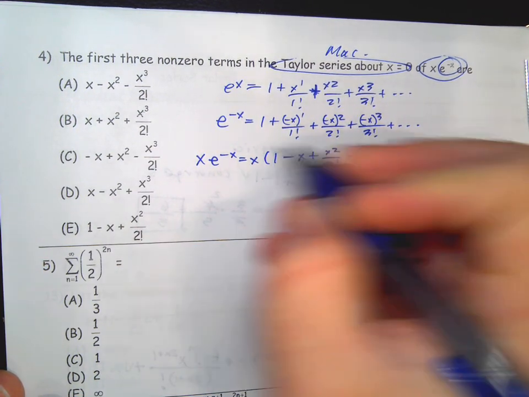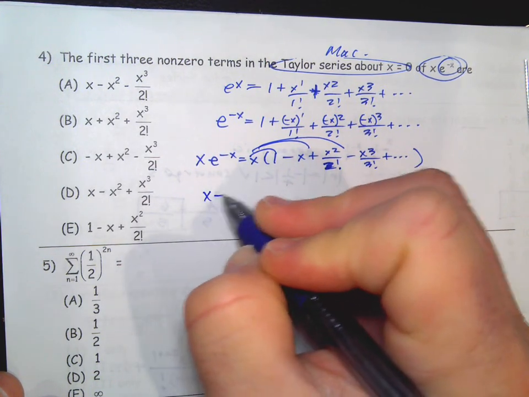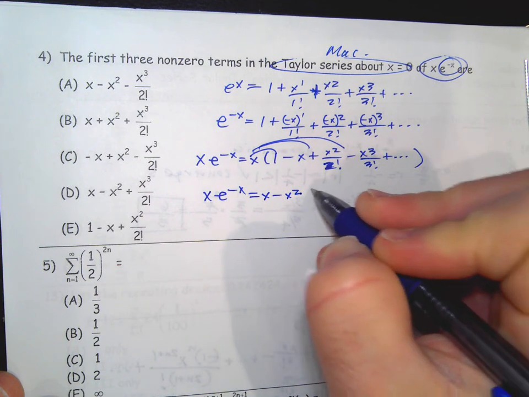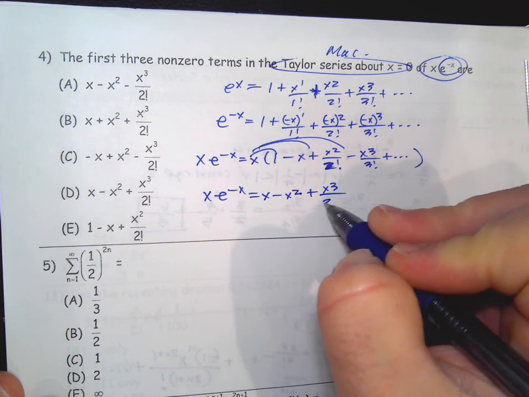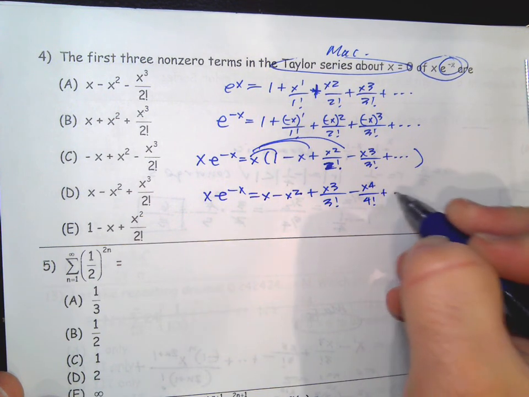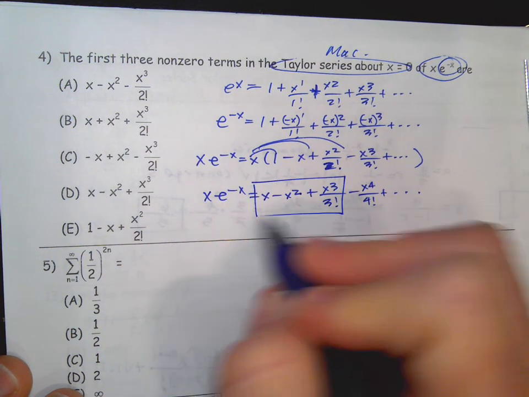And then you're going to just distribute an x into all of it. So x e to the negative x equals x minus x squared plus x cubed over 3 factorial minus x to the 4th over 4 factorial. And we want the first 3 non-zero terms.